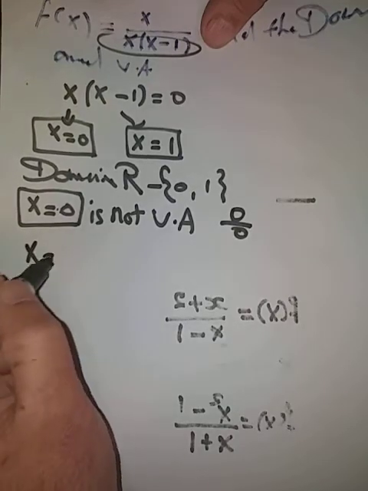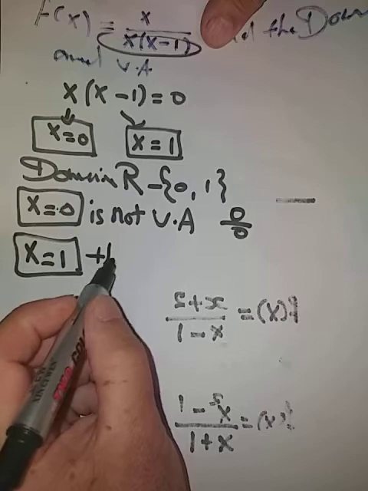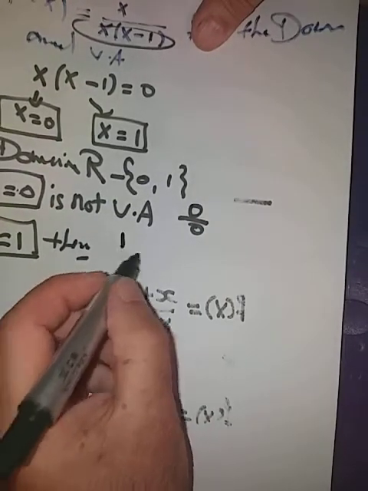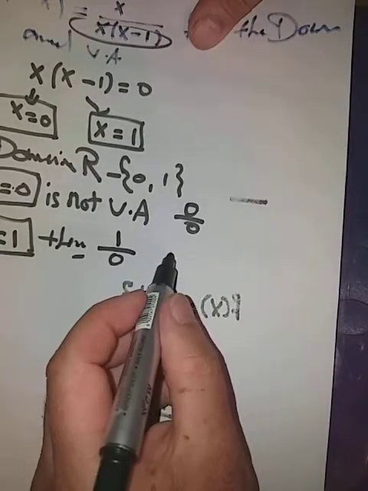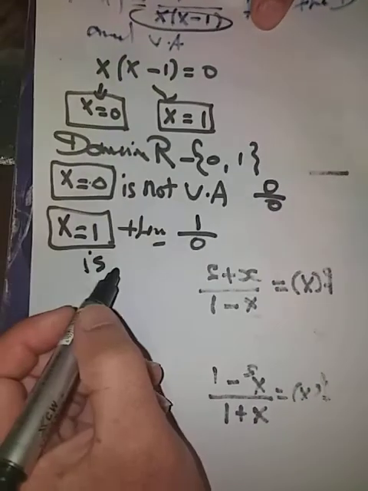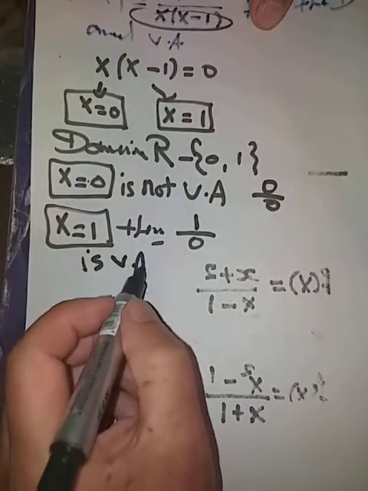At x is equal to 1, it will be 1 over 0, so x is equal to 1 is a vertical asymptote.